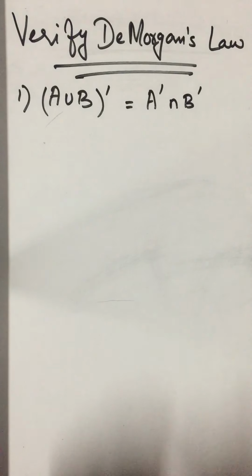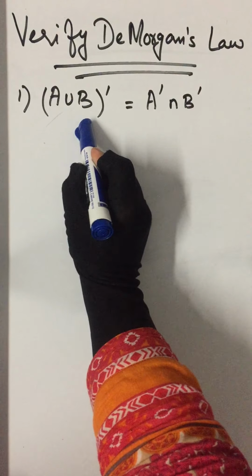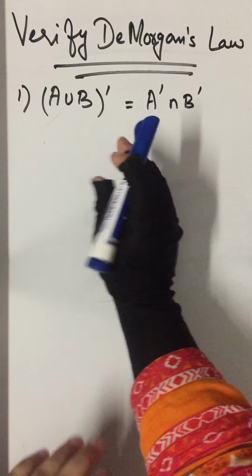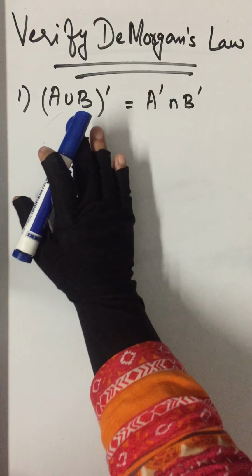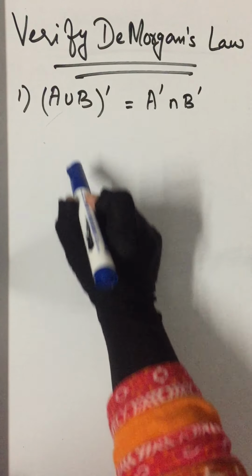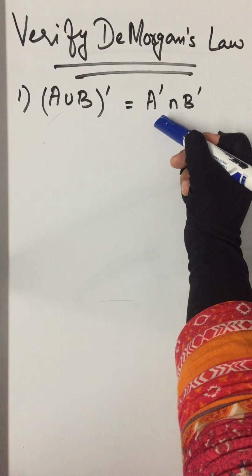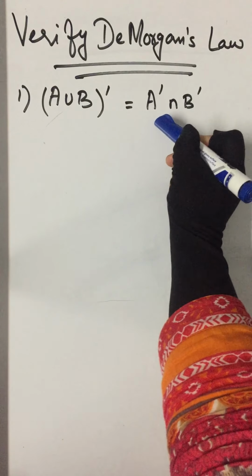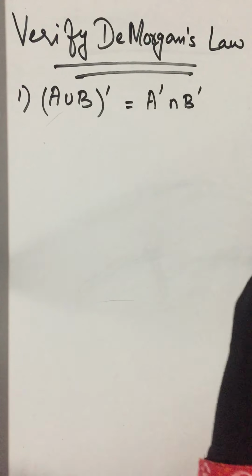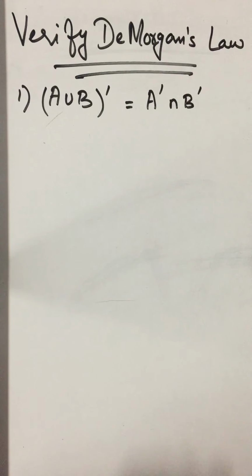It means the complement of the union of A and B, which we learned in the previous lecture, is equal to the intersection of the complement of A and the complement of B.